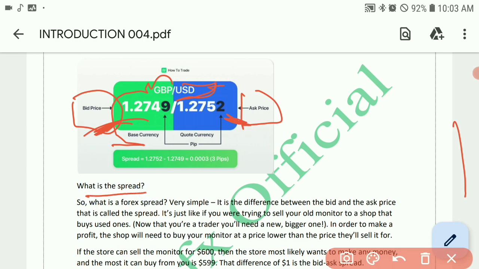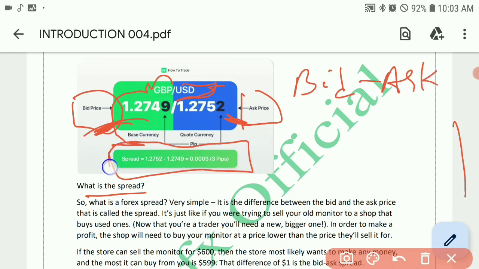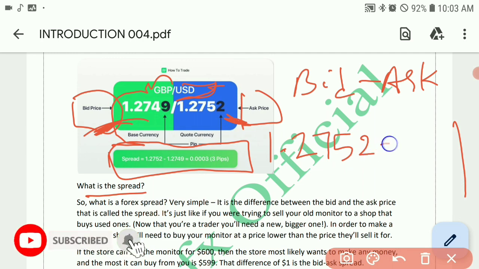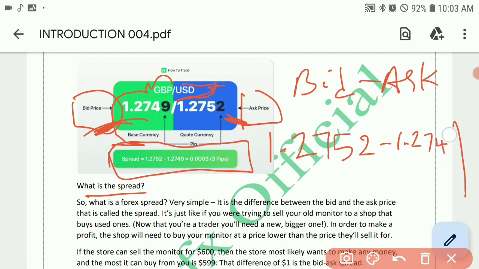So what is spread? Let me use this analogy. The spread is the difference between the bid price and the ask price. As you can see, look at it below. In order to get your spread, 1.2752 minus 1.2749 equals what? 3.